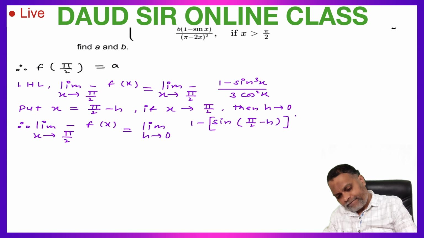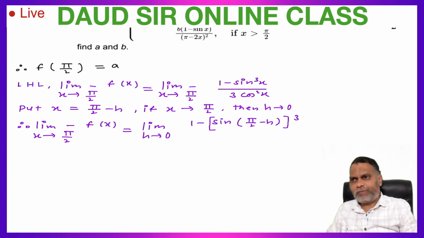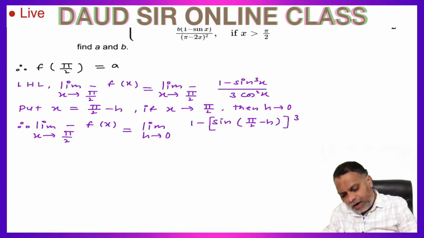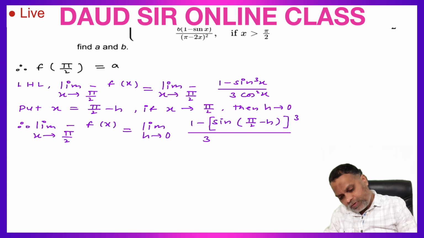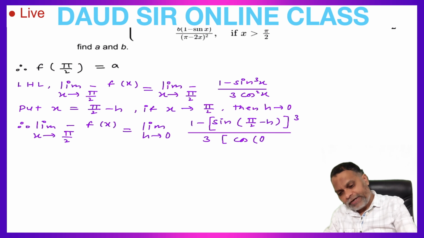When we open the bracket, it will become sine cube only, upon 3 into cos of (pi by 2 minus h) whole square.